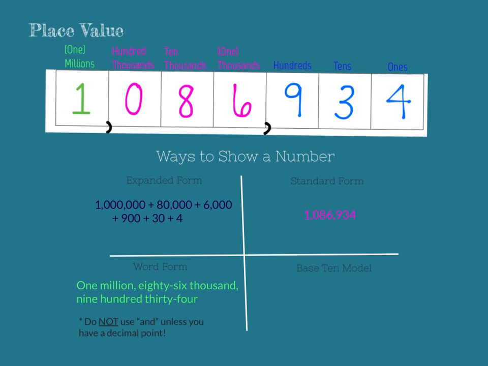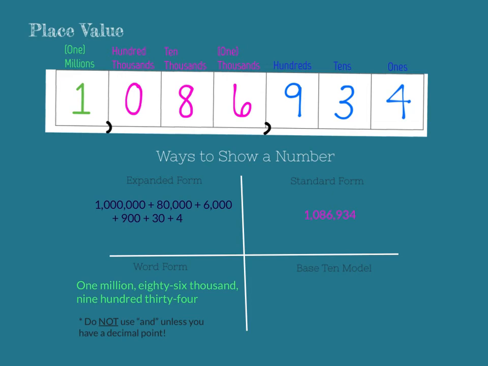Our last way to show a number is the base 10 model. Those of you who have worked with elementary school students, whether volunteering in a classroom or doing your classroom observations, maybe you even recall from when you were in elementary school, we use these base 10 blocks to help us represent numbers.